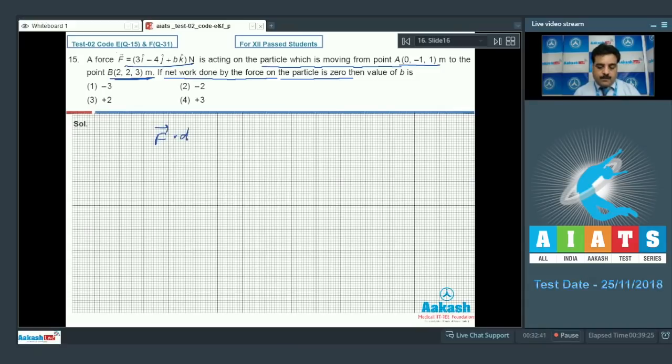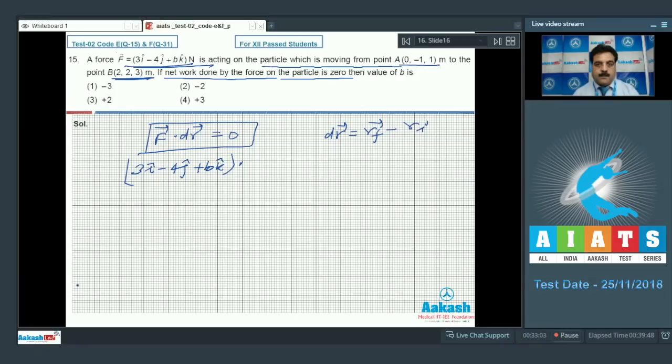So F dot dr is equal to 0 according to the problem. I need force, that is 3i minus 4j plus b k cap, and I need displacement. For the displacement you will write final position minus initial position. Final position is 2i cap, 3j cap, because coordinates are 2, 3, and initial position is 0i cap minus j cap plus k cap.